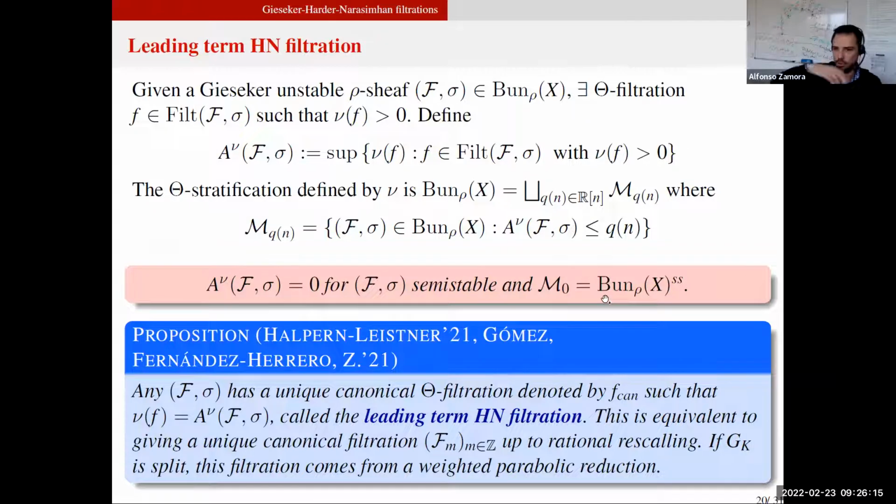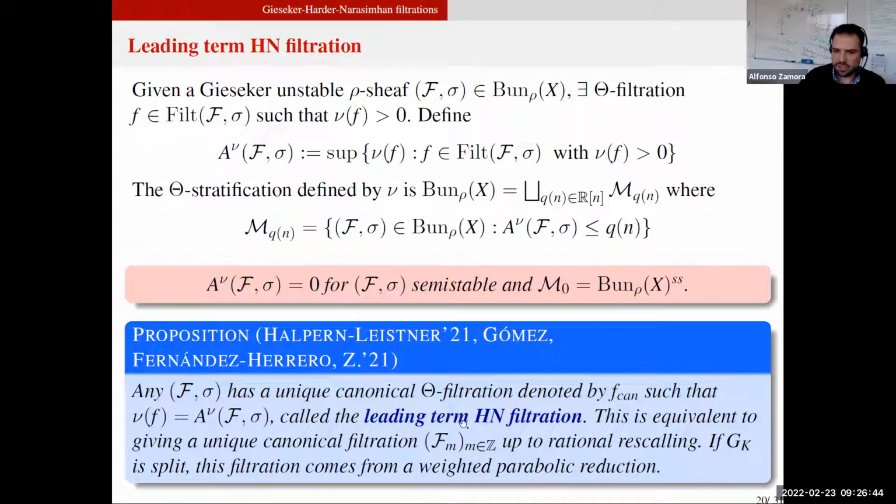But over it, we have many different types of unstable objects which form the stratification in the stack. Then we show that any object has a unique filtration. We call it a canonical theta filtration, which can be thought of as a leading term Harder-Narasimhan filtration. The name leading term will be a bit clearer in the next slide.